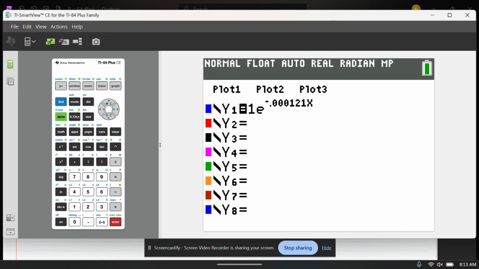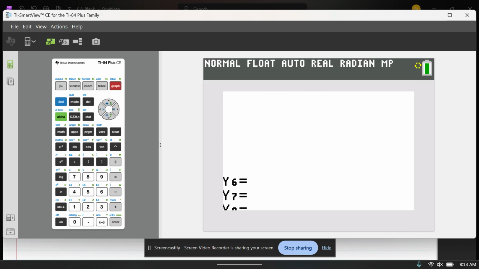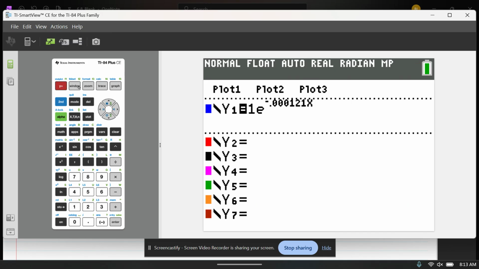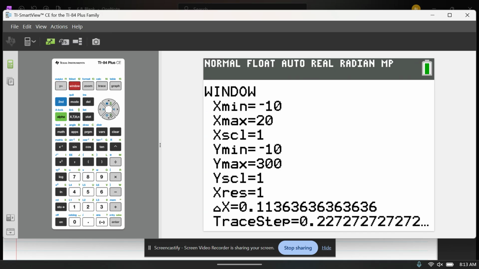we're starting with 100%. So I'm going to graph that, and I'm probably going to have to adjust my window because remember yesterday we had stretched that window out a big amount. Ours is not very big because we're starting with 100%. So we see it doesn't look like much of an exponential thing there. So I'm going to change my window to where I know my X maximum is going to have to be a really, really large number because half of the carbon is going to be gone at 5,730 years.